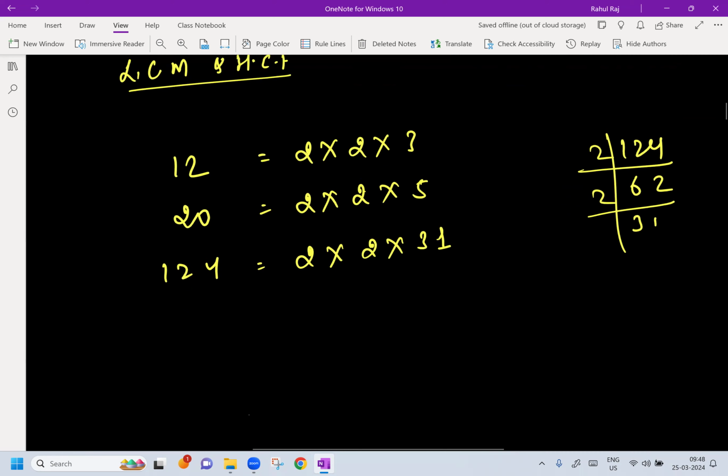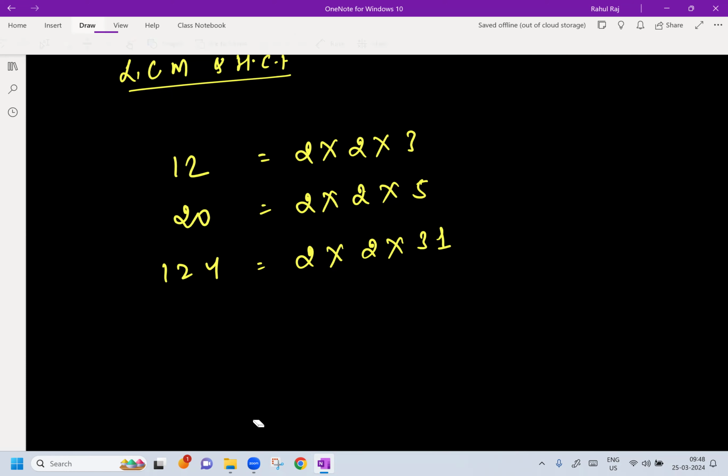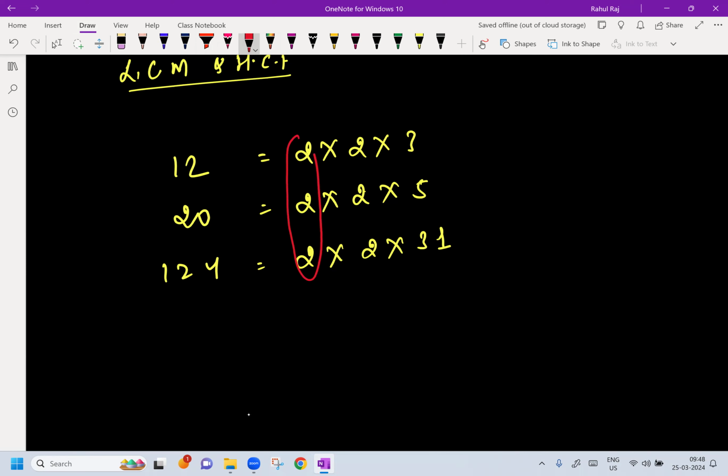HCF simply means all the common numbers in all these three numbers. So I can say HCF is nothing but, let's say this is one number, this is one number. Do you think there is any common number? No. So HCF is 4. Agreed?